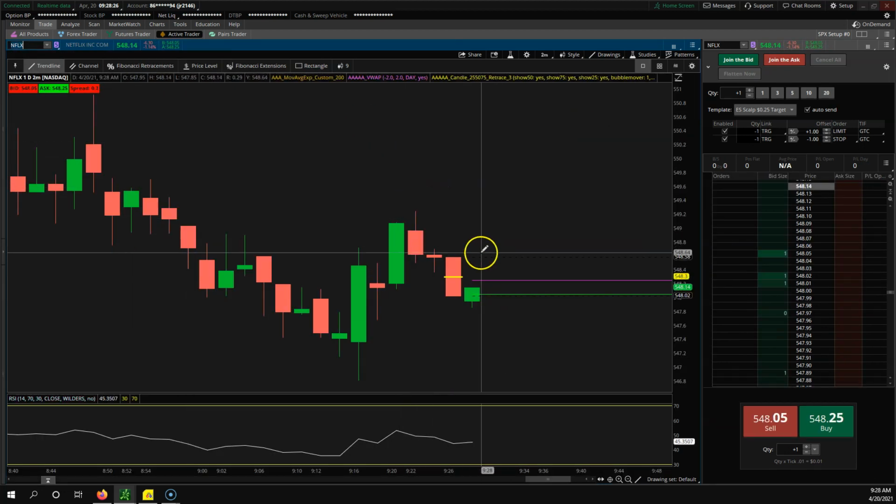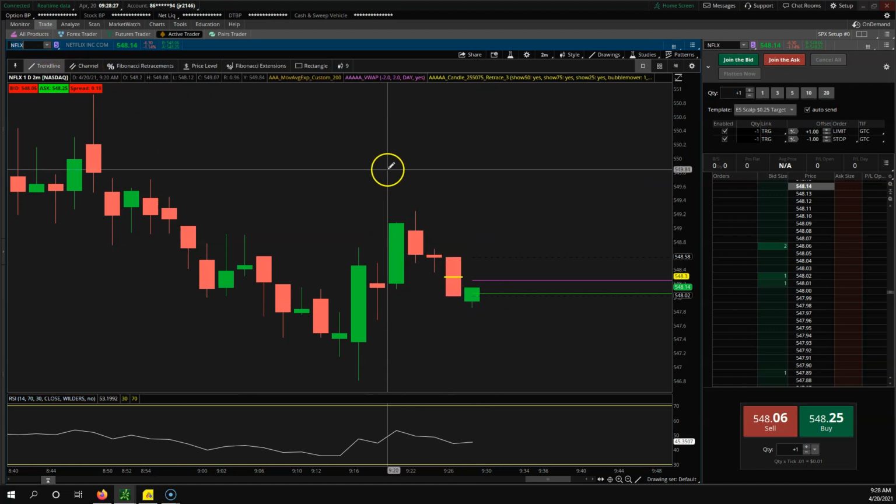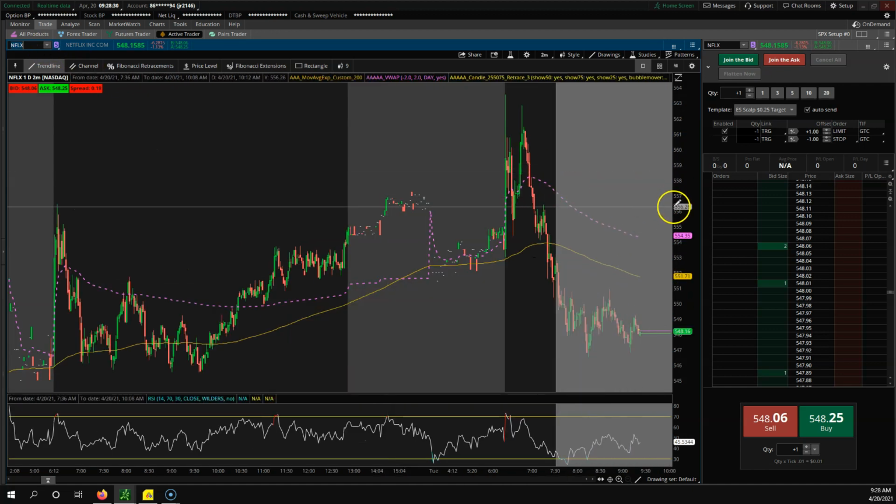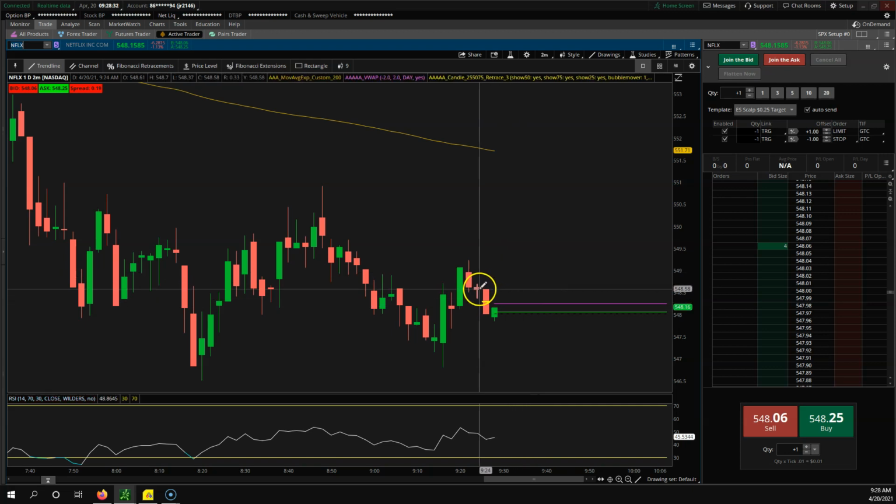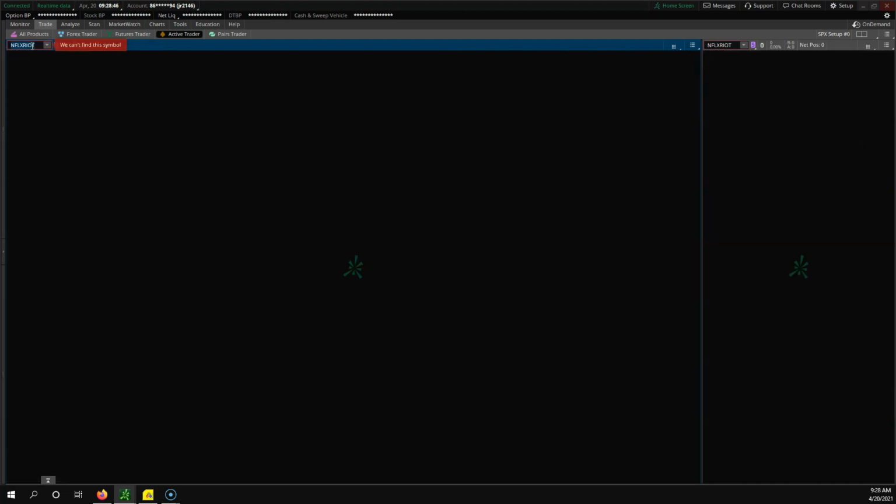Netflix downtrend. Problem is right now as I'm filming, everything we're looking at is actually in the downtrend. So I'm fighting that wave, which I really don't want to do. So I would rather find stuff on the uptrend. Let's look at Riot, or not Riot.